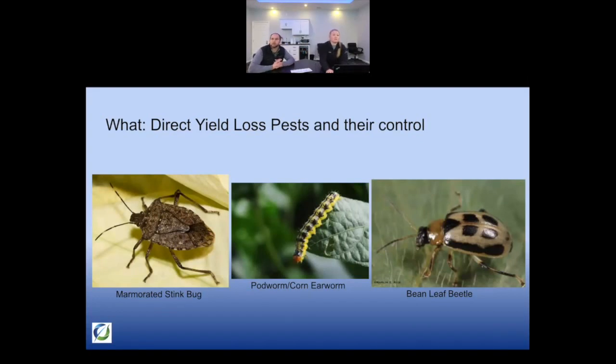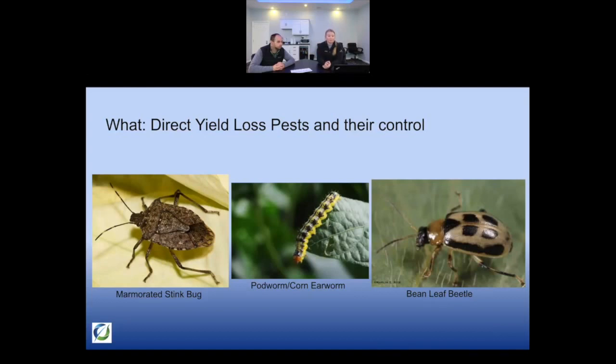Help me understand this slide here with what we got going on. So the first picture on the left there is going to be a stink bug. Really common, and the threshold for a stink bug is going to be relatively lower compared to some of the other insects that we think about because they can cause damage very quickly, to the seed number, the seeds in the pods.